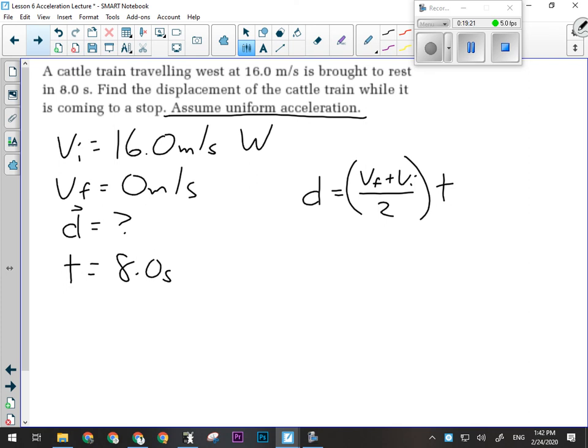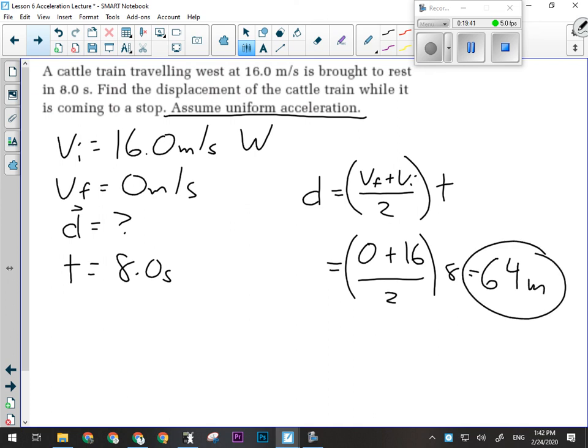It's already set up for D. So that'll be VF, which was 0, plus our initial, which was 16, divided by 2, times 8 seconds. Well, 16 over 2 is 8, times 8 is 64 meters, and that'll be west.